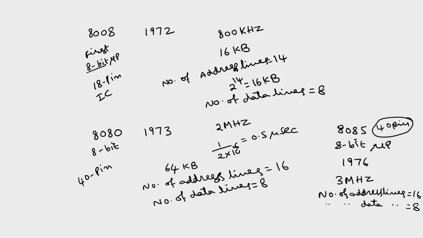Then Intel's first 16-bit microprocessor is the 8086. In this course, we are going to concentrate on 8086.